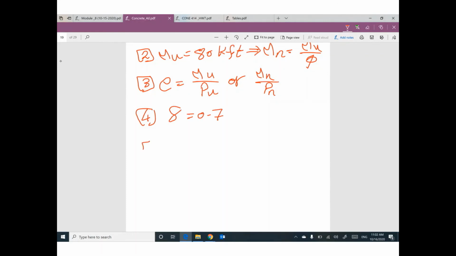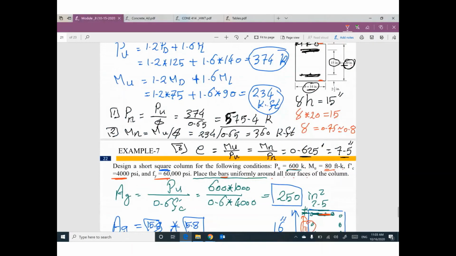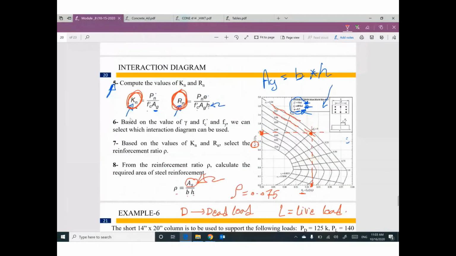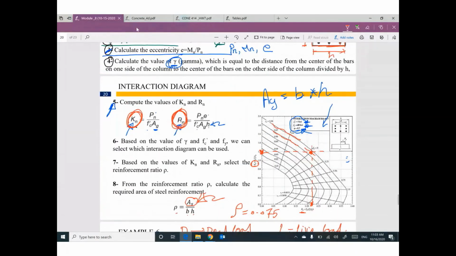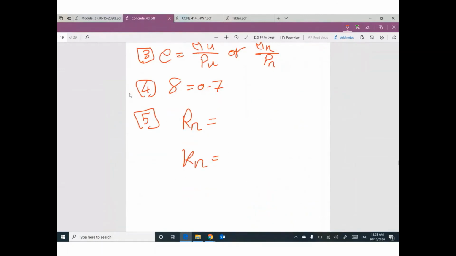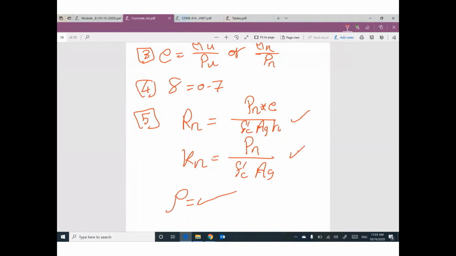I can figure out the value of Kn and Rn. You remember? Kn is Pn divided by F prime C times area gross, and Rn is Pn times e divided by F prime C times area gross times h. Based on this one and this one, I can figure out the value of rho and the value of area steel.